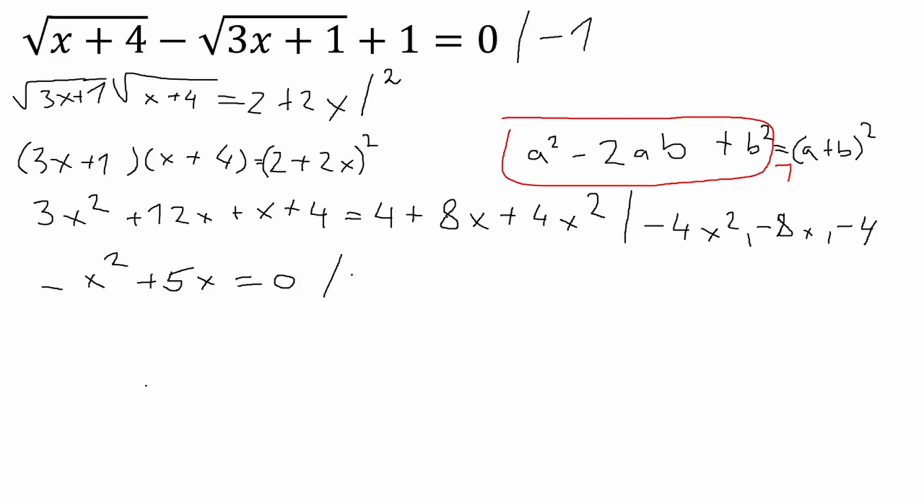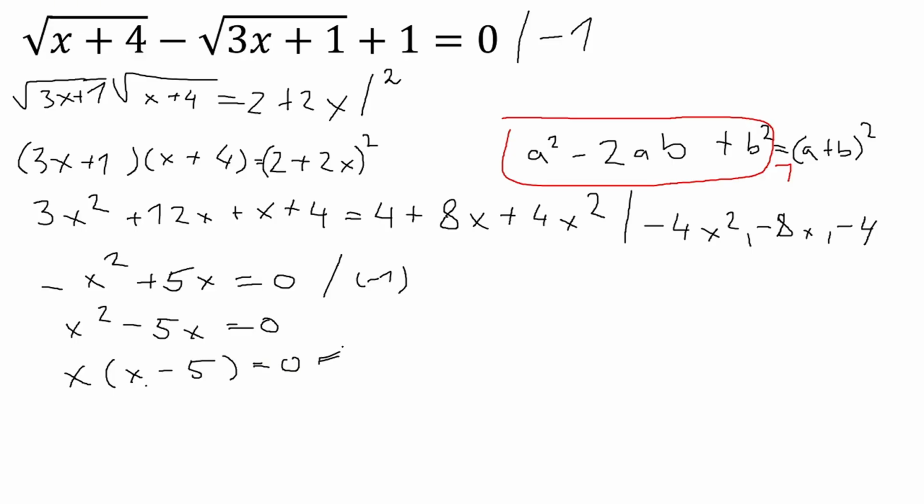We can multiply this by negative 1, so that'll be x to the power of 2 minus 5x is equal to 0. And this here is an incomplete quadratic equation. Therefore, we can just factor out x, so that'll be x times x minus 5 is equal to 0.